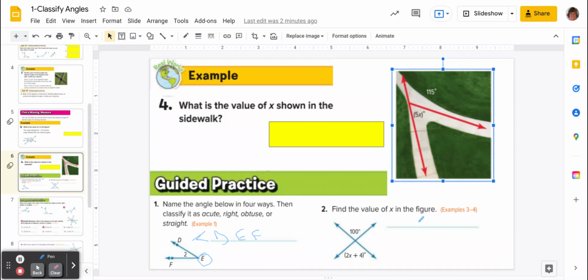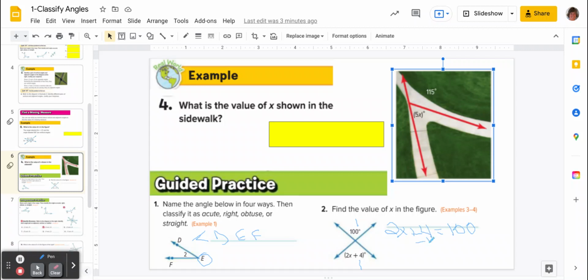For number 2, it says find the value of x in the figure. I know that these are vertical angles, so 100 is exactly the same as 2x plus 4. If it is the same, I can set them up equal to each other. 2x plus 4 equals 100.